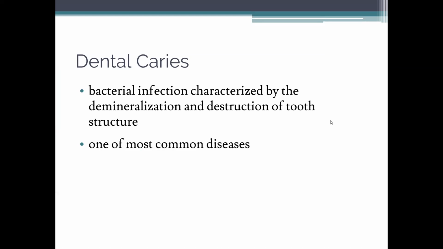You have to have a specific bacteria in the oral cavity for it to occur. And Streptococcus mutans is the primary bacteria that causes the caries.